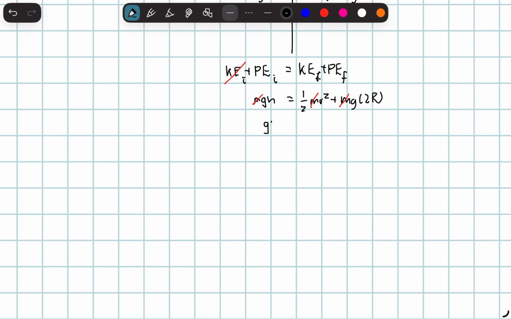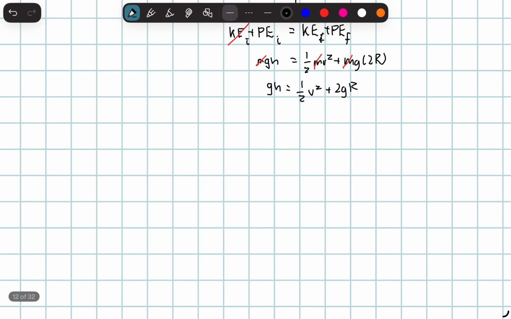Now we're left with gh is equal to 1/2 v squared plus 2gr. Now we can rearrange by subtracting 2gr, so we have gh minus 2gr is equal to 1/2 v squared.